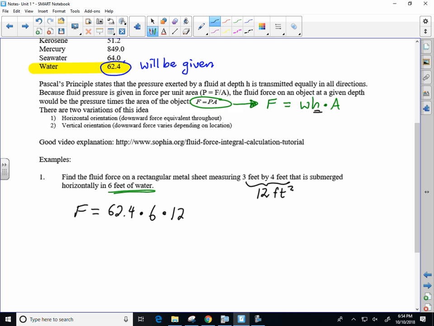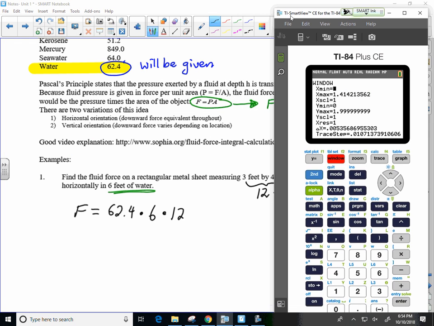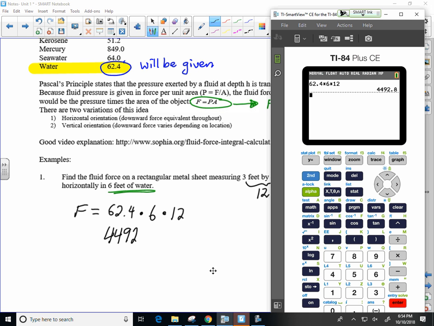And then we do some math, and we get an answer: 4492.8. And you say, can you please put this on the test? Yeah, but then we have to talk about the vertically oriented submerged figure.